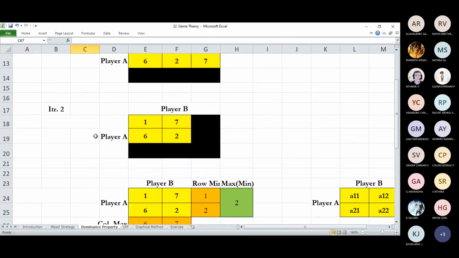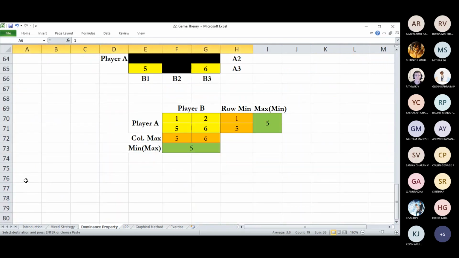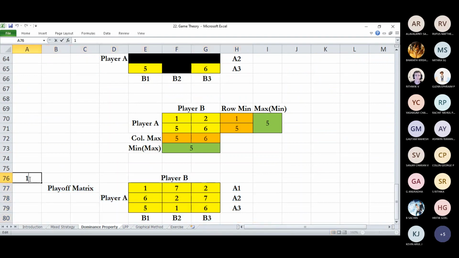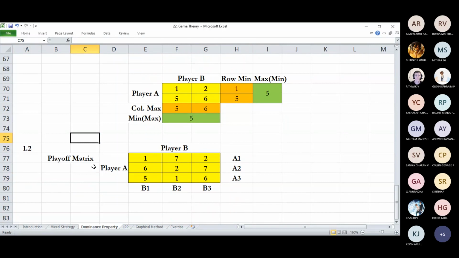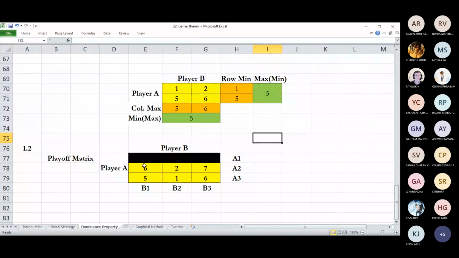But if I copy this, you can have different options. Say I mask row 1. Then I mask B1. Fine.